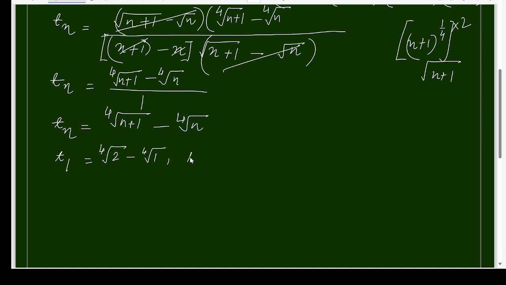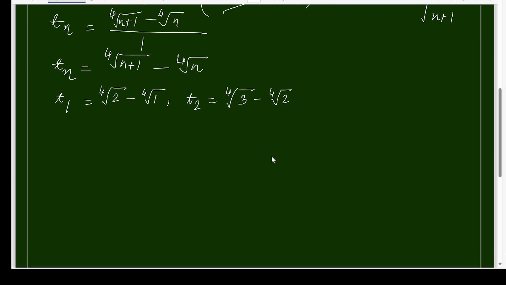Similarly, if I take 2 in place of n, T2 will be fourth root of 3 minus fourth root of 2. And so on. So what will be T9999? It will be fourth root of 10,000 minus fourth root of 9999.